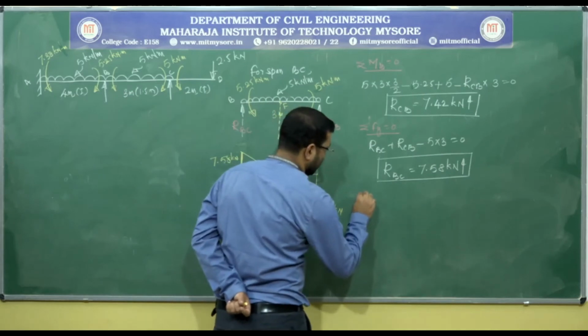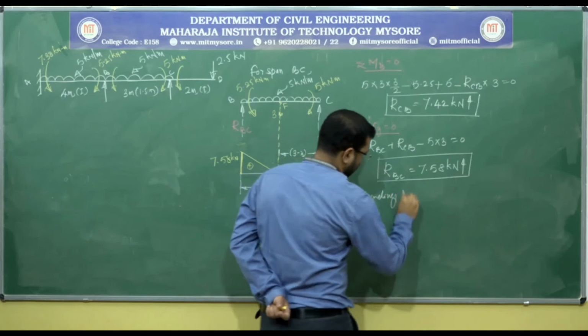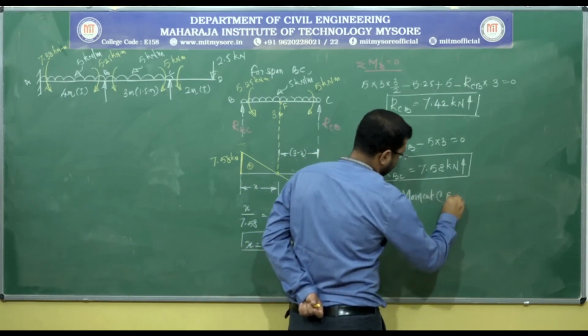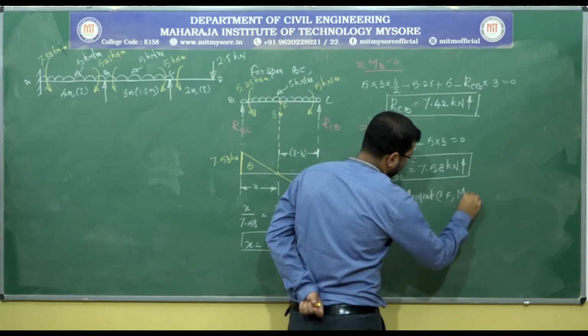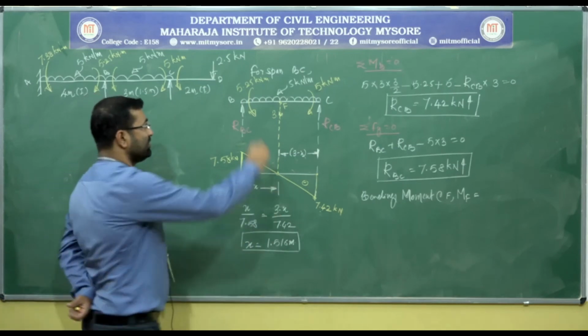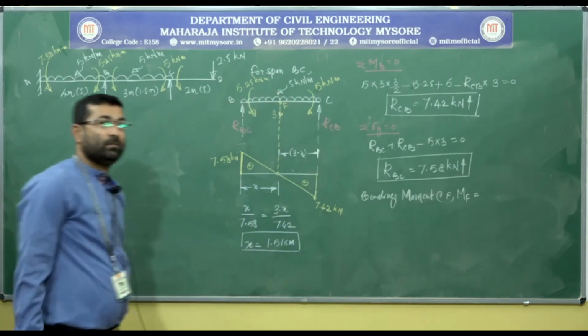So let me calculate the bending moment at F. Either I need to consider the left portion or the right portion of the beam.